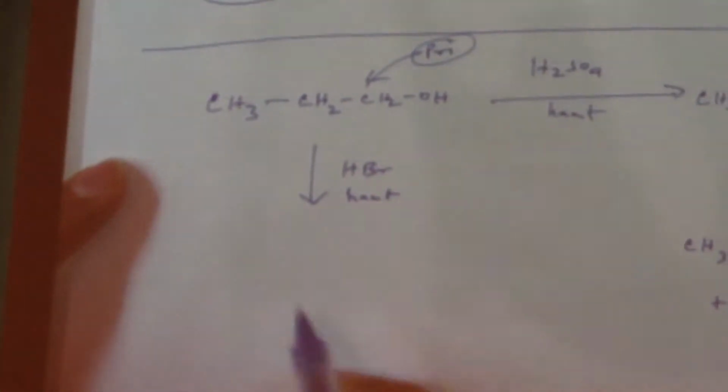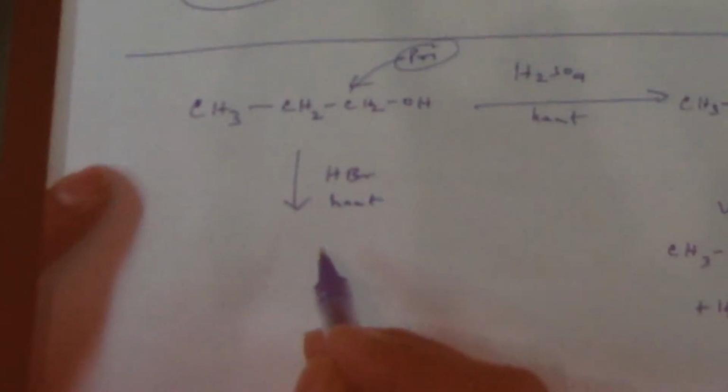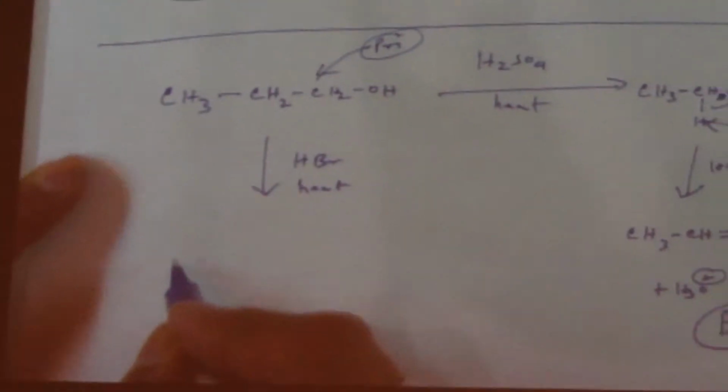And likewise, in this case, the HBr can do similar things, except that now it's being attacked by Br minus, although this reaction is not very good, but it can still take place.